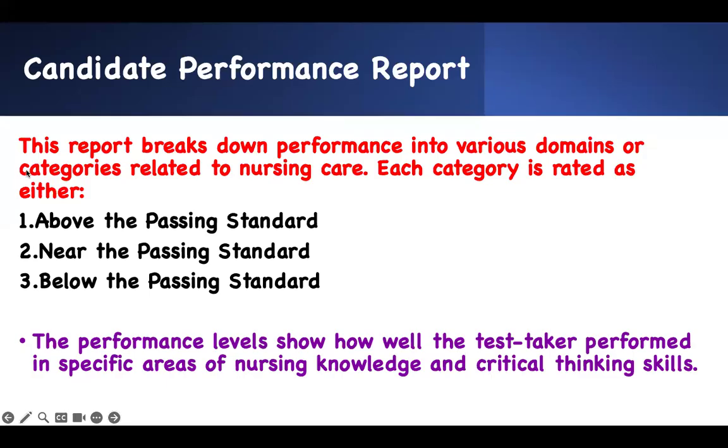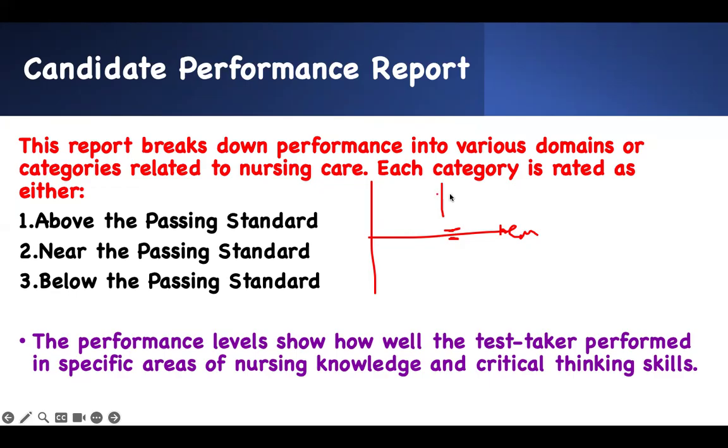What people get confused about is that every exam, board exams, set some mean and have some standard deviation. How far your score is from the mean is what I think NCLEX has changed into near passing, below passing, and above passing.